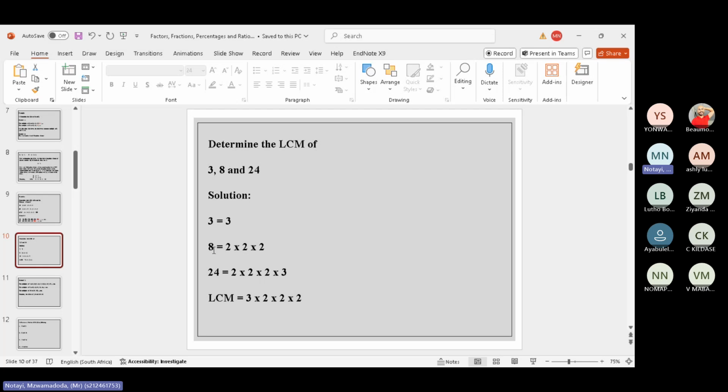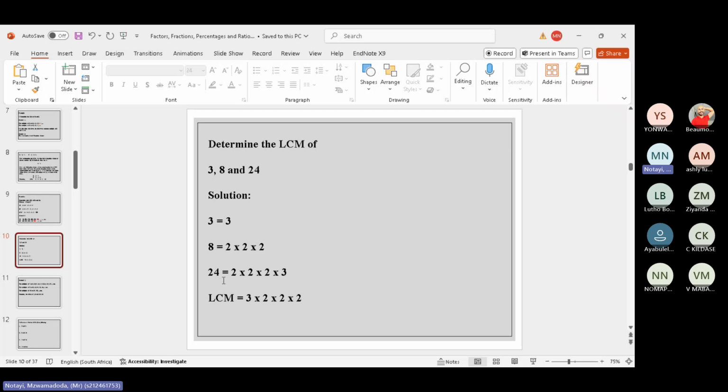And then the second one, 8, written in its prime factors is 2 multiplied by 2, and then multiplied by 2. And then 24 is 2 times 2 times 2 times 3. You take the prime factors of all these numbers: you get 3 for 3, multiplied by 2 multiplied by 2 multiplied by 2, that is the second number.